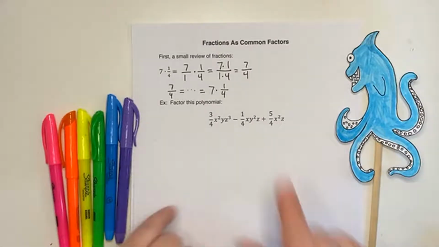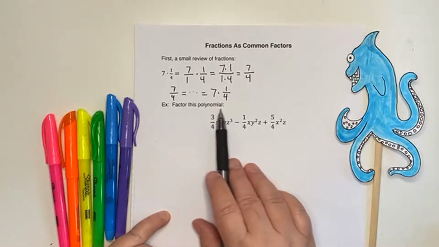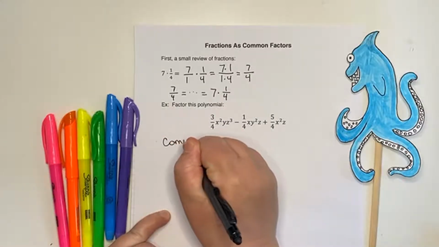Now, where I'm going to go ahead and factor this polynomial, I'm making this video for multiple different levels, so you may find that I'm going to do more steps than you would do. You are welcome to skip the steps that you think are unnecessary, but I just want to be really thorough. If I'm going to factor a polynomial, the first thing I'm going to look for is common factors.